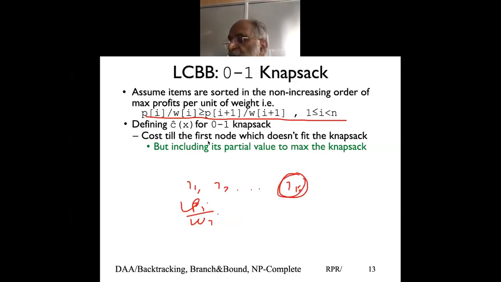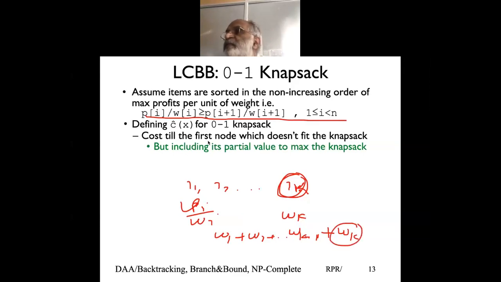Once I reach an item which cannot be put in completely because its weight exceeds the capacity, that means W1 plus W2 up to W(k-1) is less than M, but the moment I include Wk, my knapsack capacity is exceeded. So the maximum value I can get is whatever partial weight I can include.